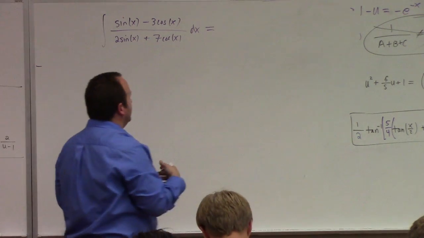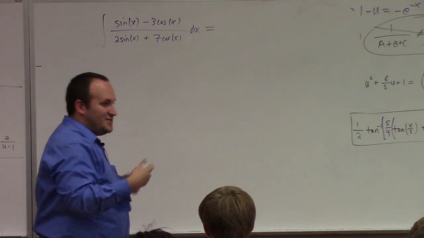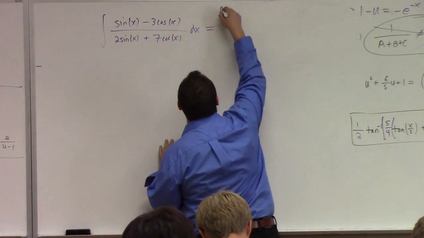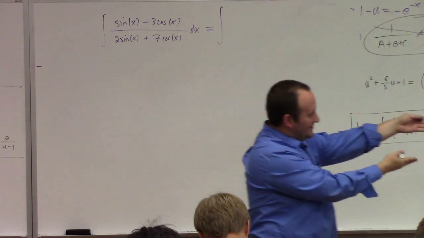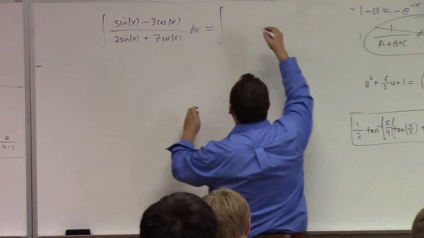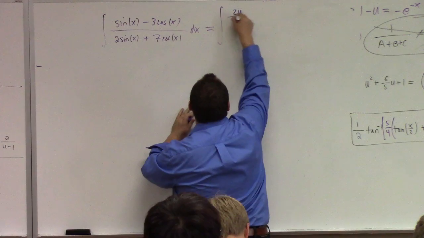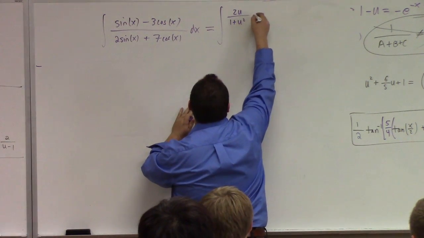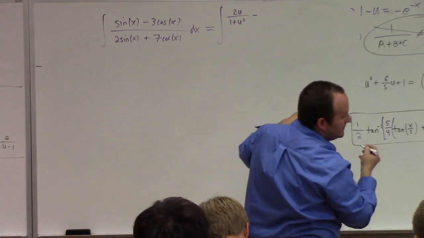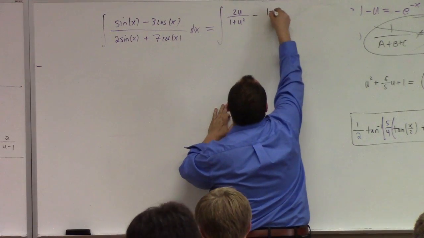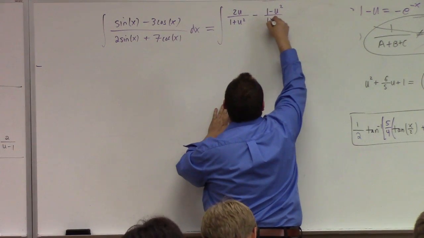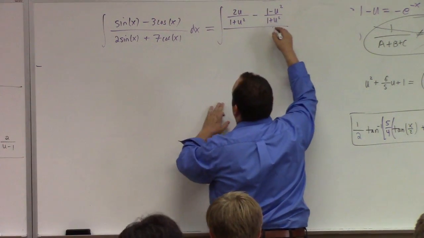That's kind of awful, right? But you just make a Weierstrass substitution, and it becomes awful, but a different sort of awful. It's just a matter of perseverance on your part.